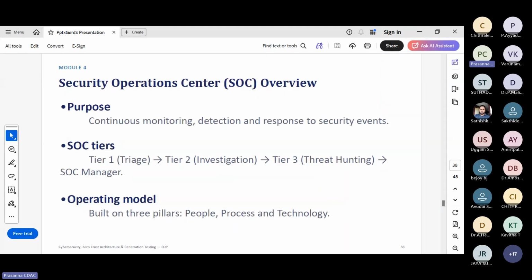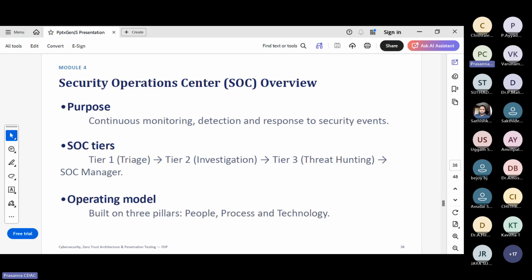As I mentioned, there will be continuous monitoring. Continuous monitoring of what? In the case of network, for example, the network team will be using an NMS, a network management solution or service, to monitor the bandwidth utilization. But this team is not concerned with the bandwidth or the network packets. They are mainly monitoring the security events.